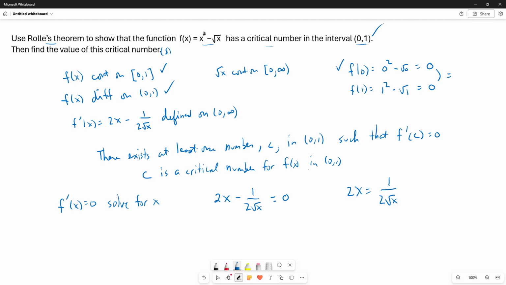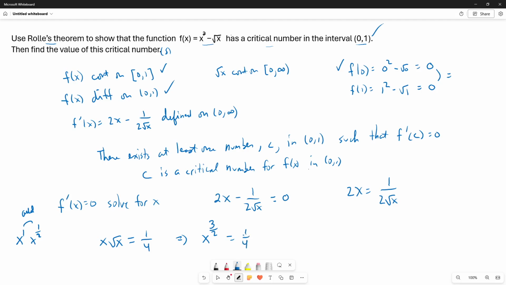And if we move the x's over to the left and the numbers to the right, we get x times the square root of x is equal to 1 over 4. And x is the same as x to the first, and the square root of x is the same as x to the 1/2. And when you multiply these, you add the exponents. So x times the square root of x is the same as x to the 3/2 power.